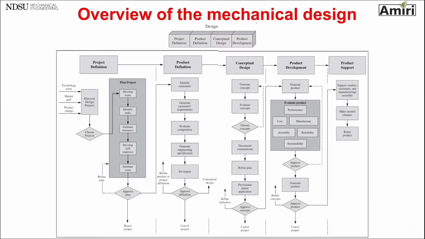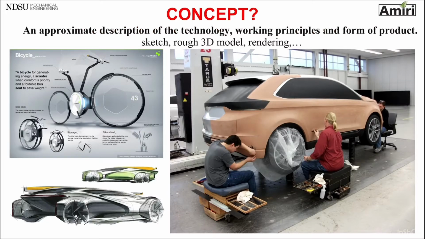So this is a flowchart that we've talked about. All I want to mention is that now we are focusing on this step of the process, which is the conceptual design. If you remember, there's a difference between an idea and a concept. The concept is usually a sketch or rough 3D model, so it shows to the degree which your product will satisfy the customer needs.